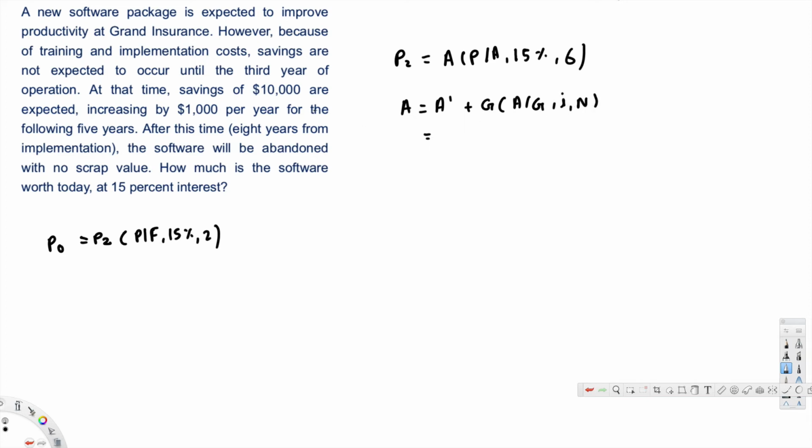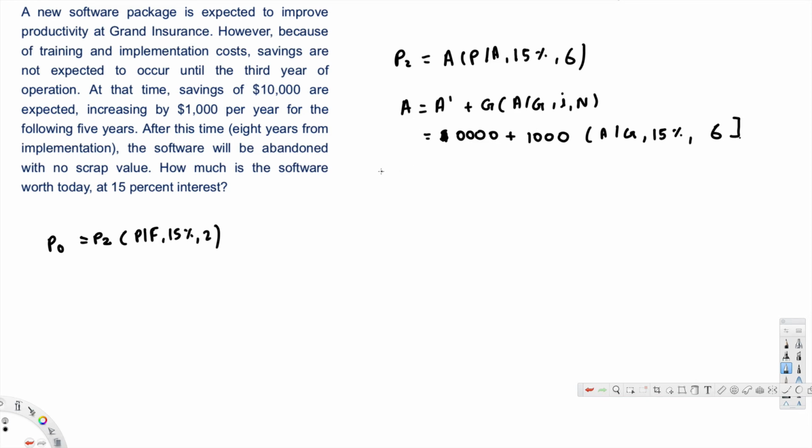Now A prime is the initial value, that's at the time the savings of 10,000 are expected, that's A prime, 10,000, plus 1,000 per year, that's G, 1,000, and A over G, and the percentage of interest is 15%, and the number of years is 6. Now this is our A value.